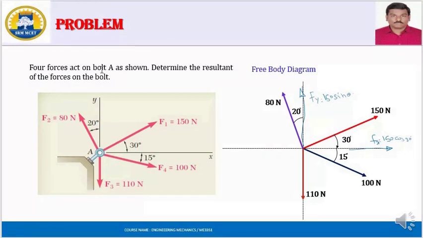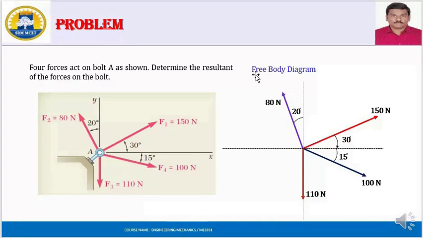Four forces act on the bolt as shown in the figure. Determine the resultant of the forces on the bolt. Using the resolution of forces, you find the resultant. See here, four forces are acting, F1, F2, F3, F4.